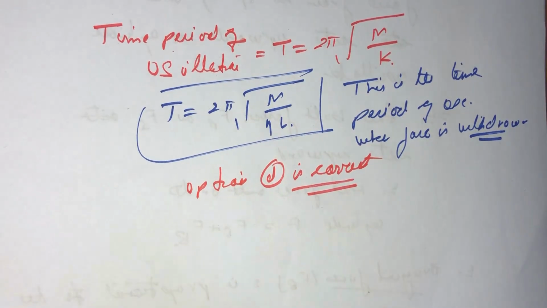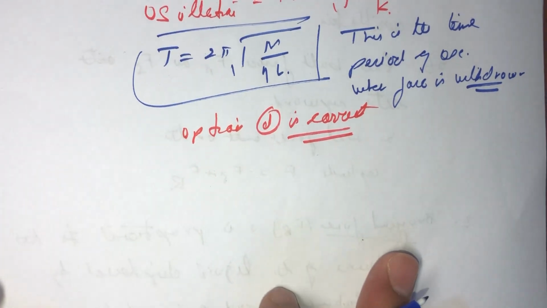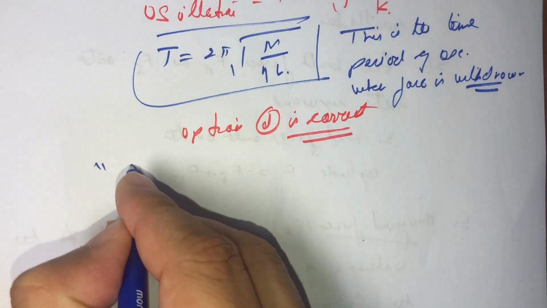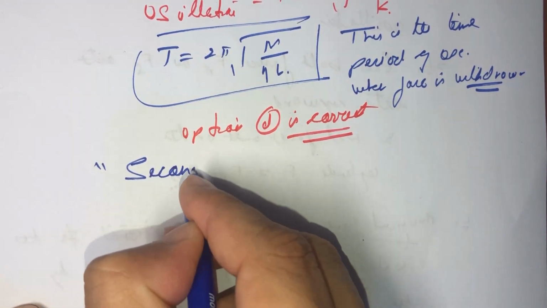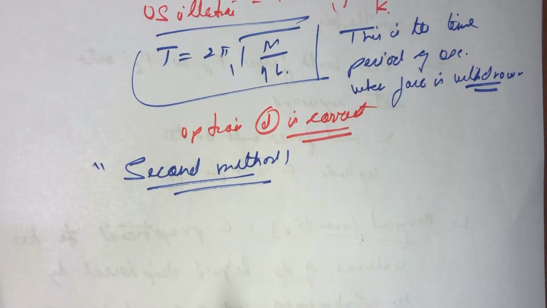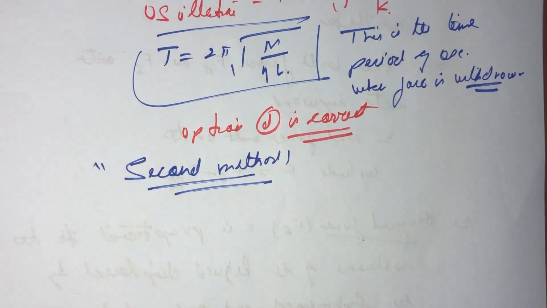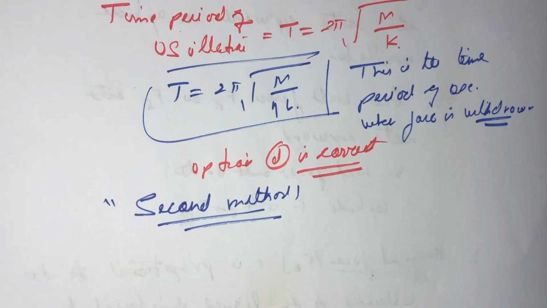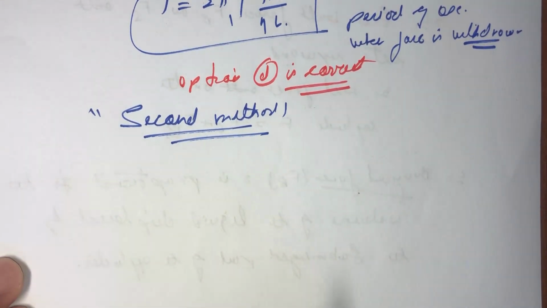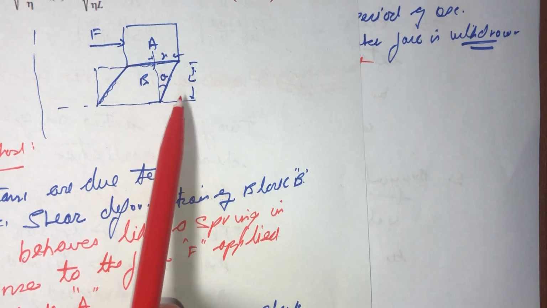Now let us try the second method, in which we are going to use a more traditional approach. Second method, we know that modulus of rigidity nu is dependent upon the applied force F, area of cross section, as well as the theta by which the body is deformed.